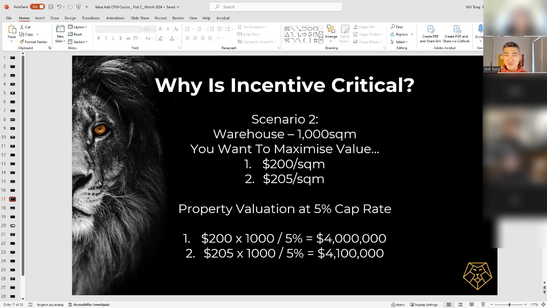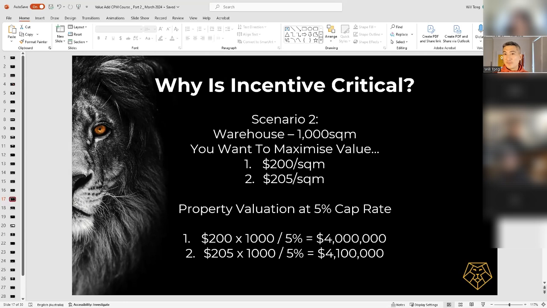Let's talk about scenario number two, why incentives are critical. Let's say you own a warehouse that's 1,000 square meters, and your motivation is to sell this property in a year's time, so you want to maximize the value as much as possible. Let's say the market rent for a property like this is $200 per square meter, but you want to see whether you can push the envelope just a little bit more.